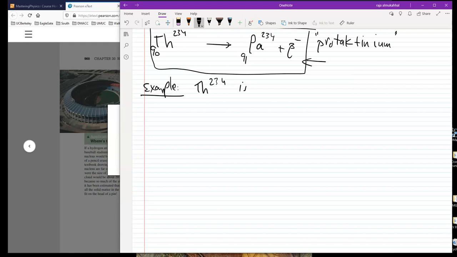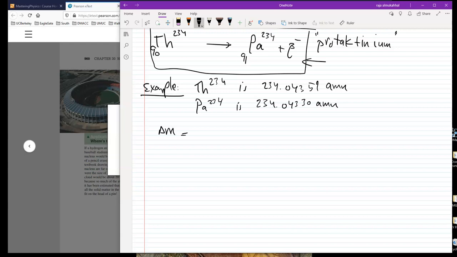If you look up the table, the mass of thorium is 234.04359 AMU, and the protactinium is 234.04330 AMU. Now, if I want to calculate delta M, you just take the difference between them.